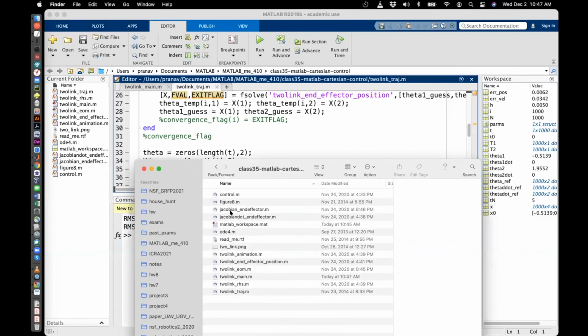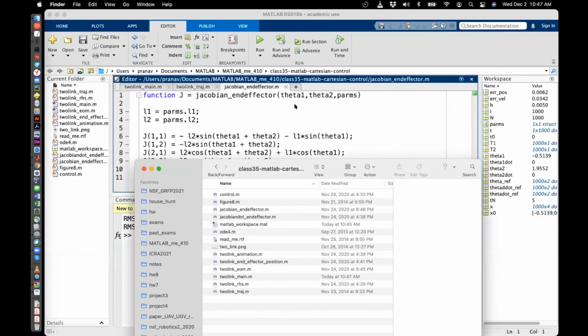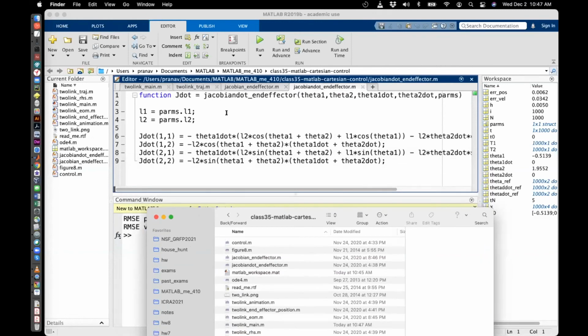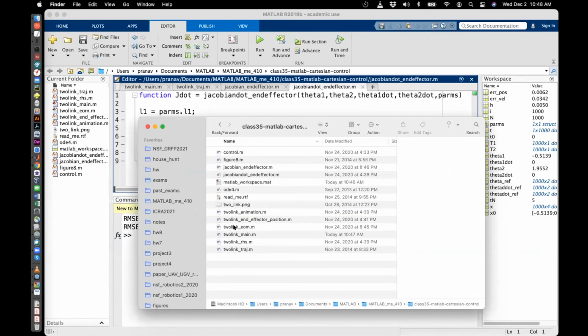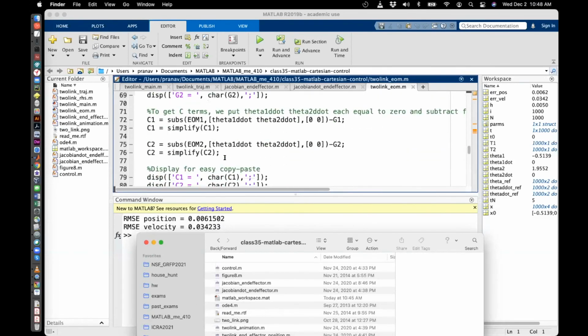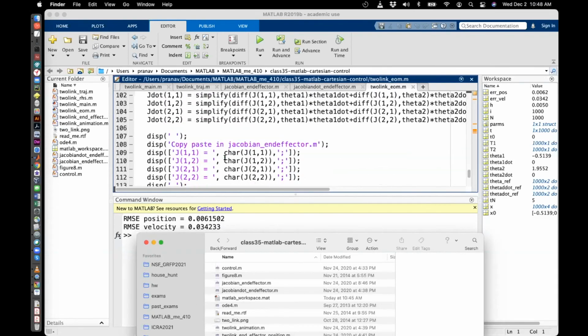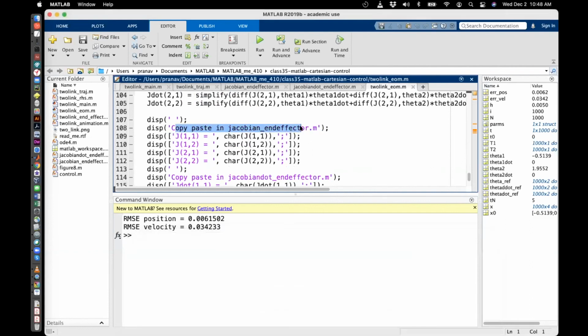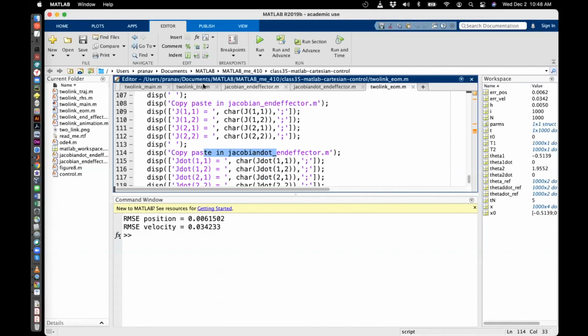And then there is the j and j dot, which are part of finding the x ref, x dot ref and x double dot ref. And I actually included the equations of motion, which, if you run this, will give you all the things you need to put in the right place. And it actually tells you where to put them. So copy paste in Jacobian end effector, copy paste in Jacobian dot end effector, and so on. Okay.